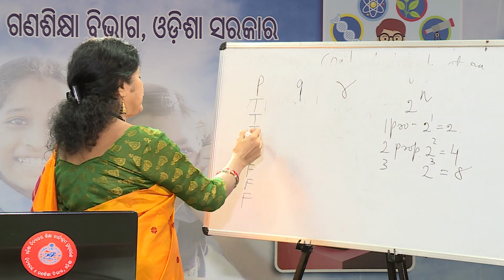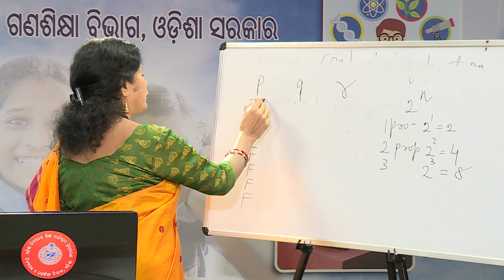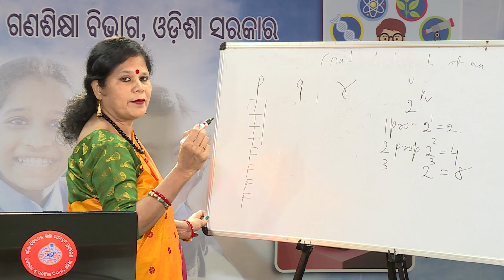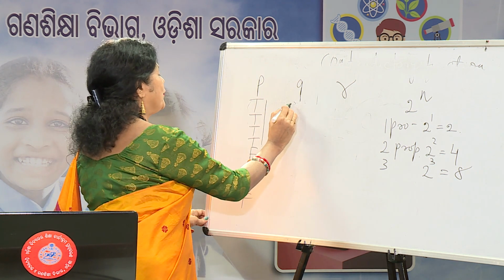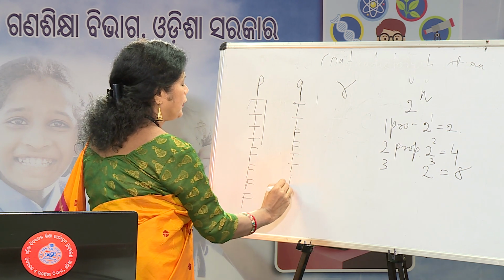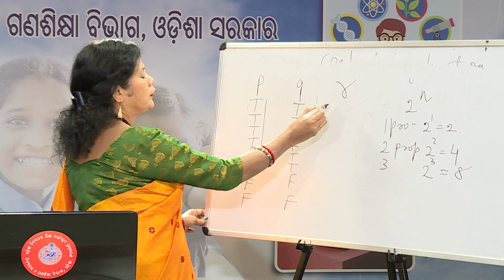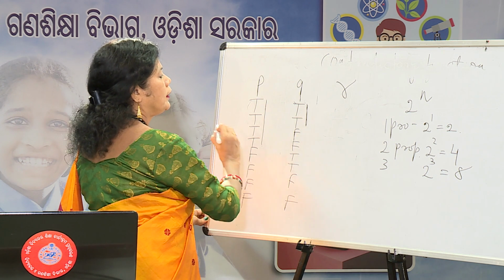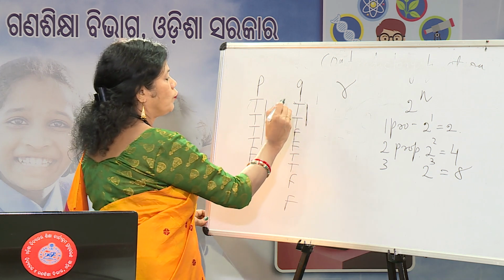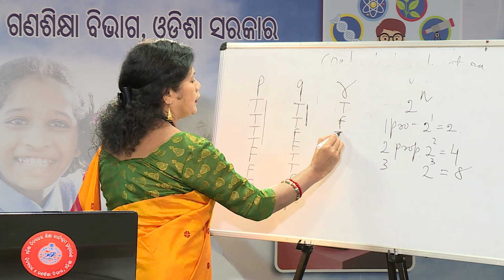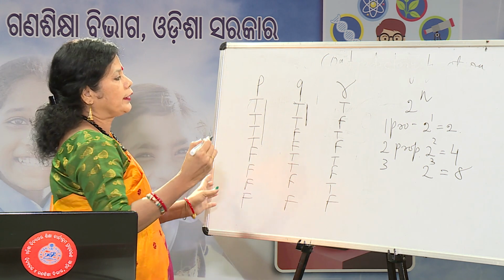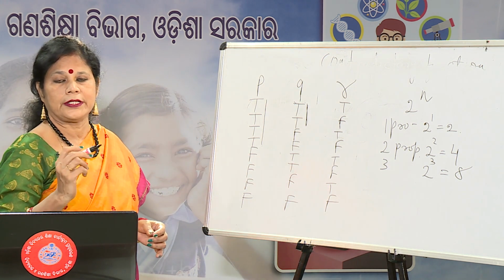So under p you write four T and four F. Then for q, you divide 4 by 2, and it becomes 2. So two T, two F, and continue like this until 8. For r, divide 2 by 2, which is 1. So we write TF, TF, TF and TF.